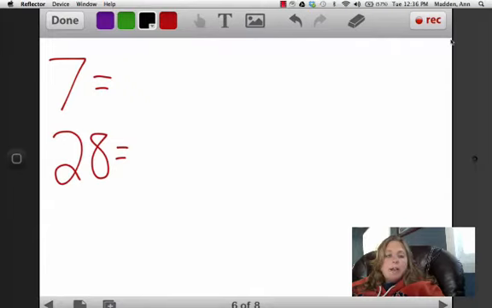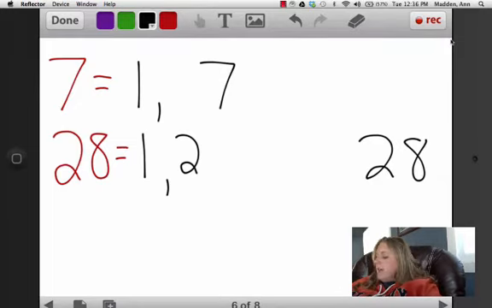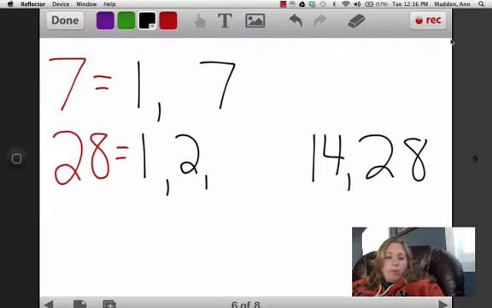All right, let's look at our last one. Greatest common factor between 7 and 28. The factors of 7 are 1 times 7. And there are no other ways to get to 7 because 7 is a prime number. How do I get to 28? 1 times 28. 2, I know 2 works because it's an even number. 2 times 14. 3, there is no way to get to 3 times something is never 28.